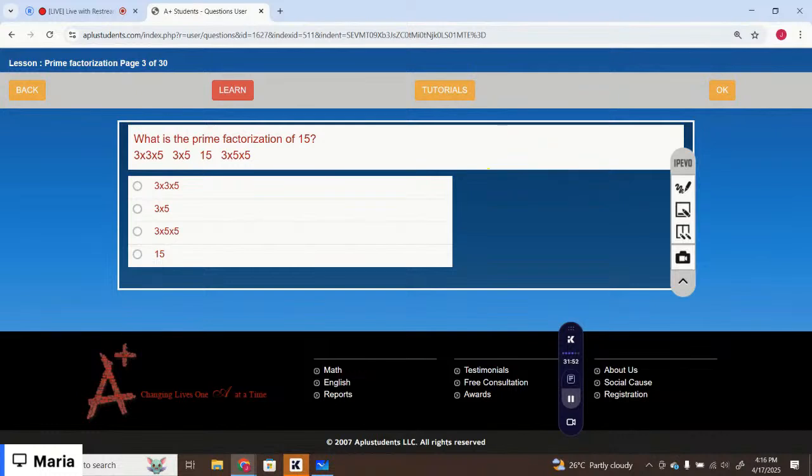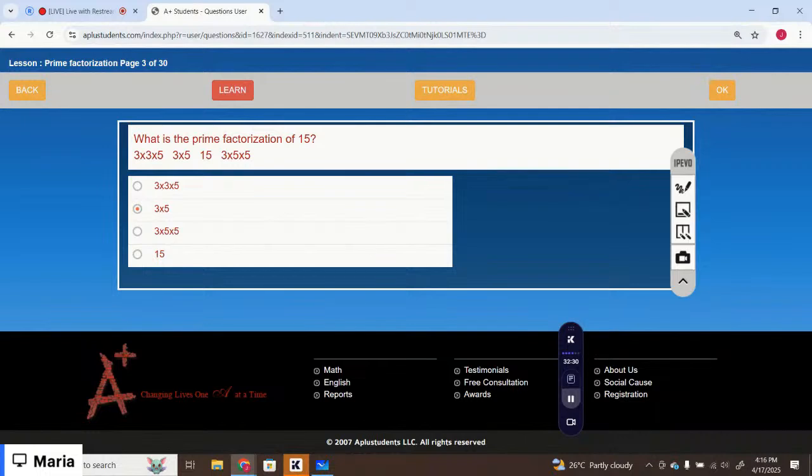What is the prime factorization of 15? That is 3 times 5.